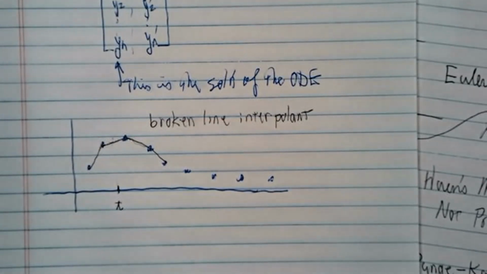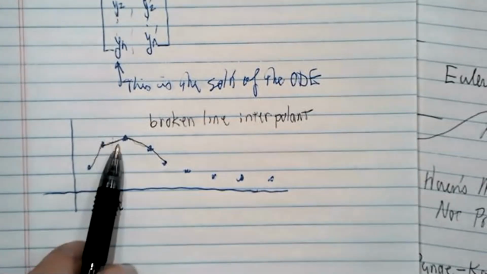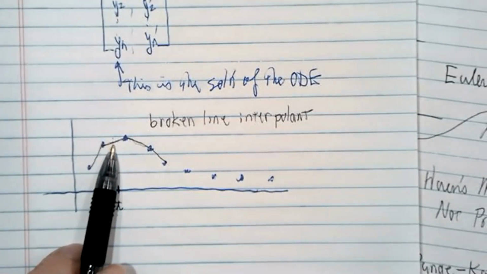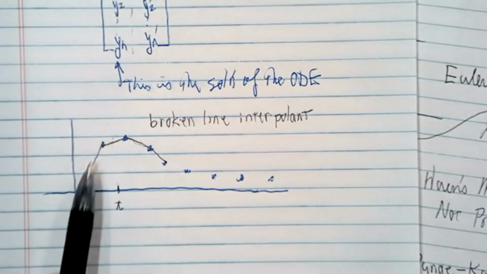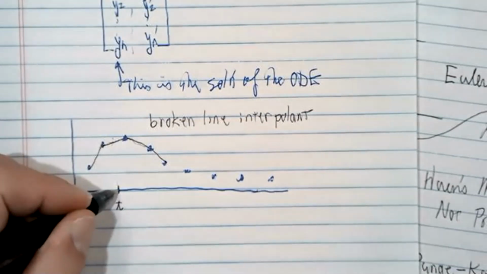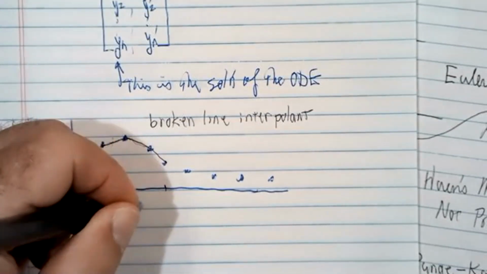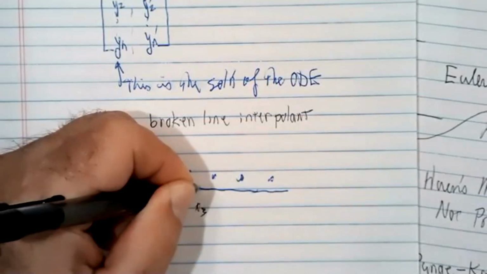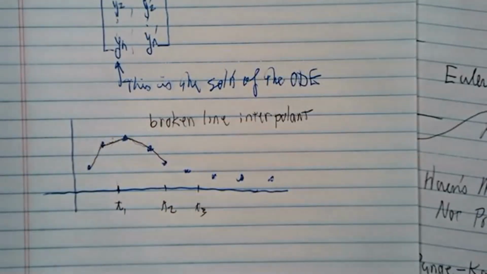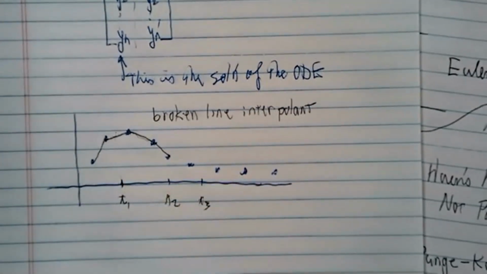Now, it's not just a problem with accuracy, because if you knew ahead of time that you're just going to need it at these few points here, T1, T2, T3, you could tell MATLAB or Octave to be sure to put these T coordinates in the solution and you'll get a dot there. So that's not the whole problem. The other problem is that this might be in some kind of a software system. So first you want the solution curve, and then you need to evaluate it over and over again at many different points.